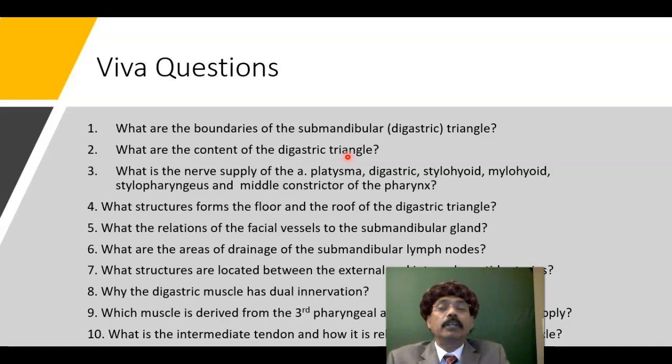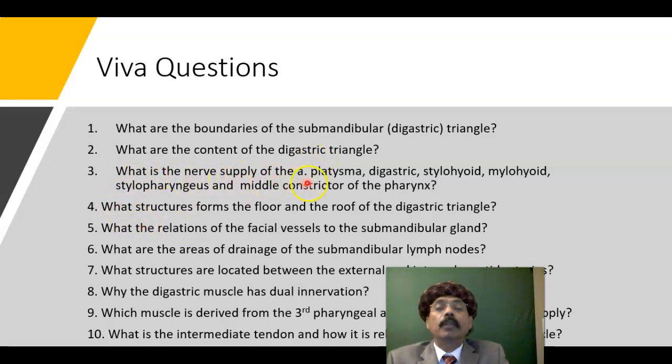The external carotid artery is a superficial branch of the posterior part of the digastric triangle. An external carotid artery goes through the parotid gland and divides into two branches. One is the superficial temporal, and another is the maxillary artery. So, external carotid artery is also a content of the posterior part of the digastric triangle.